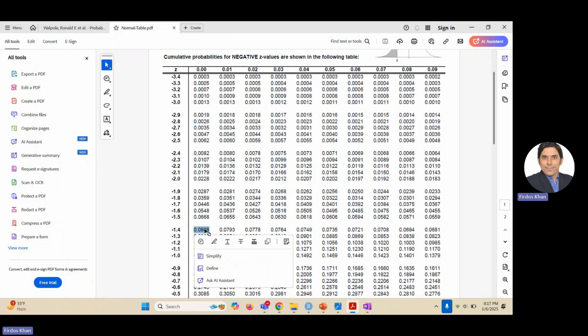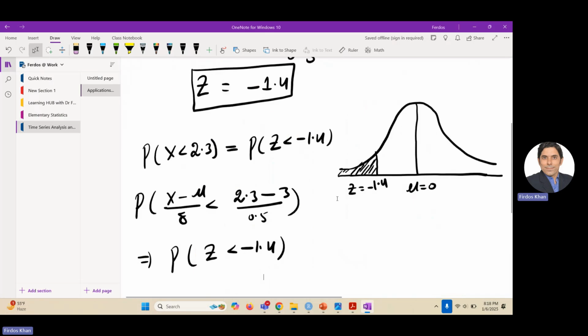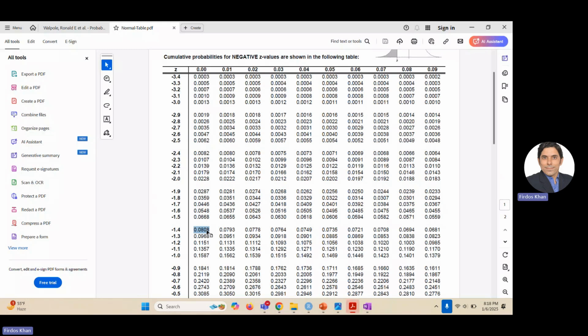Remember, the probability is cumulated, it is summed until this point. So you have the probability that this area is less than or equal to minus 1.4, and you can see from the table very easily that this is the given probability.